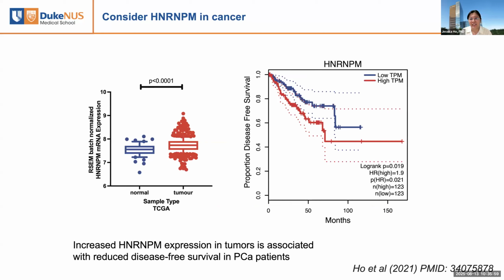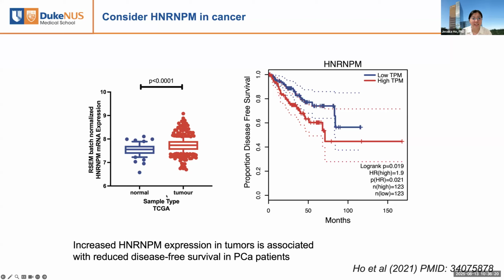So as a very short example of this concept, I wanted to talk a little bit about some of my previous work. So here, let's consider the role of splicing factor HNRNPM in cancer. So previously, I found that HNRNPM was a dependency factor in prostate cancer.